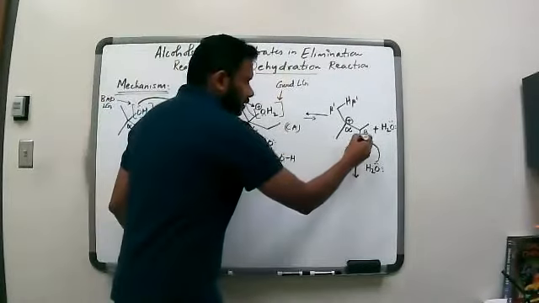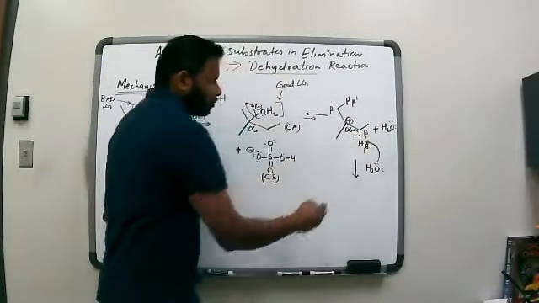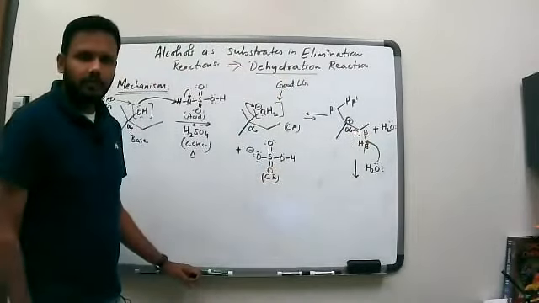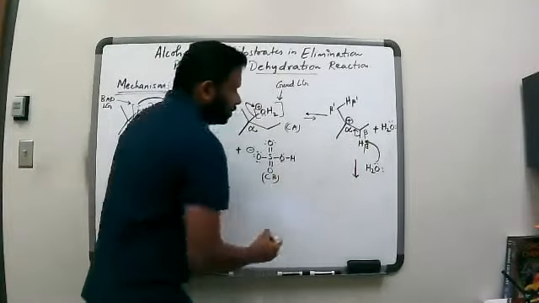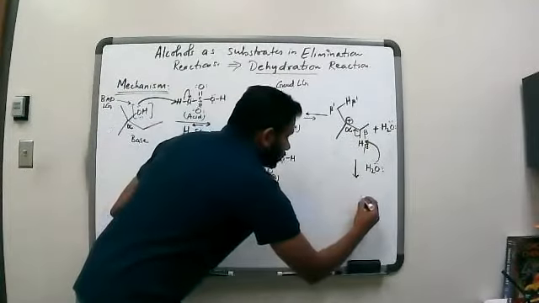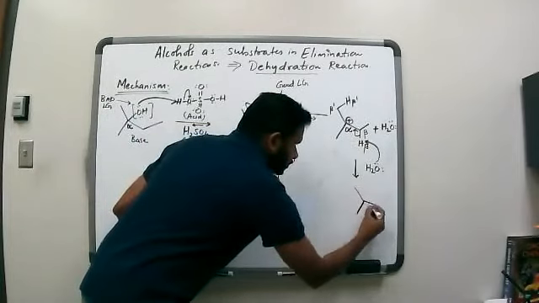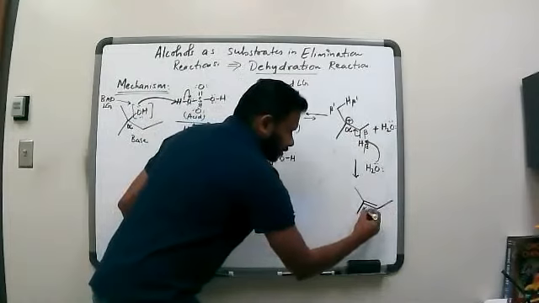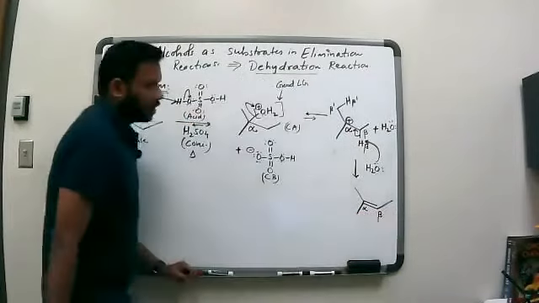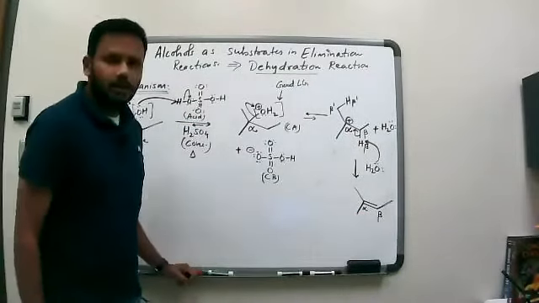As it does that, electrons here drop into the space between alpha and beta, okay, and you're going to get your product, which is going to be the more substituted alkene, where the double bond is between alpha carbon and beta carbon.